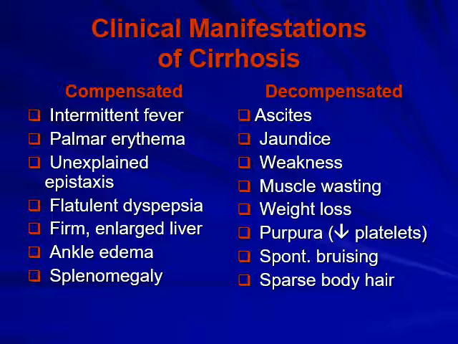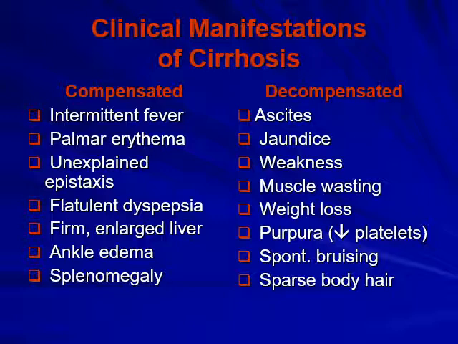All of the next three, weakness, muscle wasting, and weight loss, those are all as a result of decreased protein. Purpura and any other form of bleeding under the skin is just looking at decreased platelets and decreased clotting factors. And sparse body hair is a result of decreased metabolism of sex hormones and steroids. So think over and over, what does the liver do?